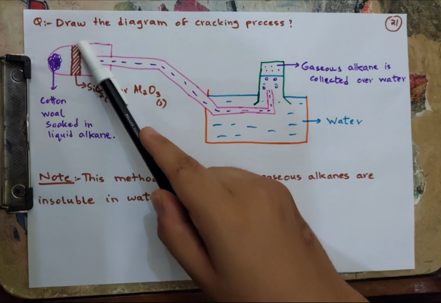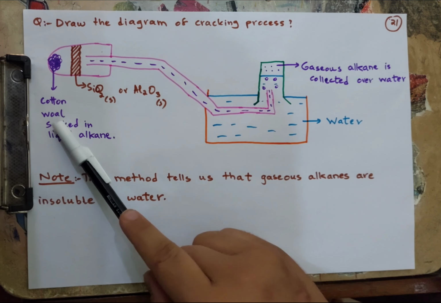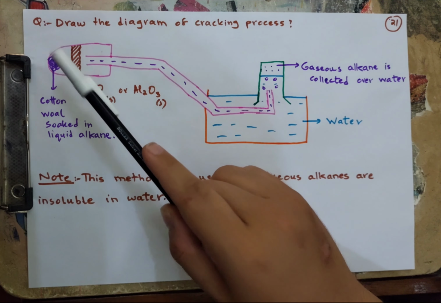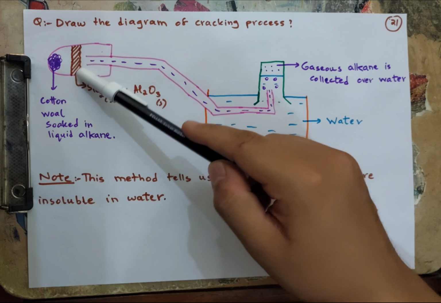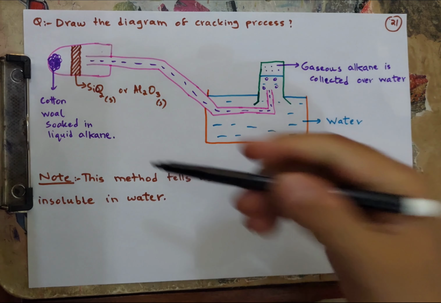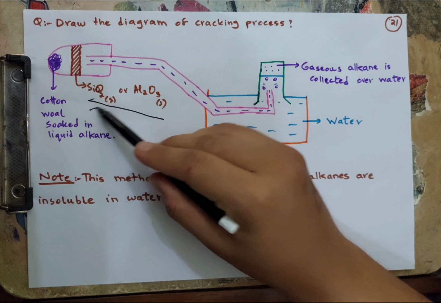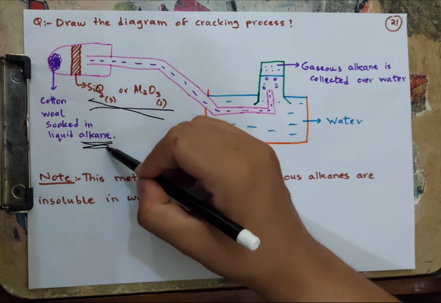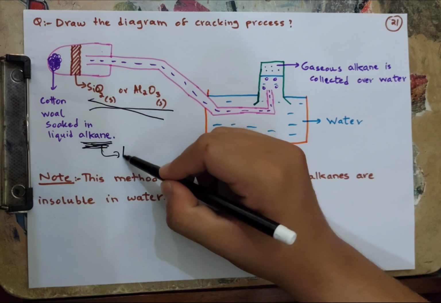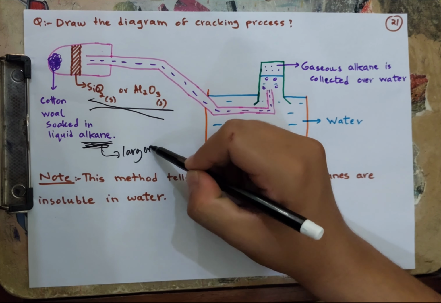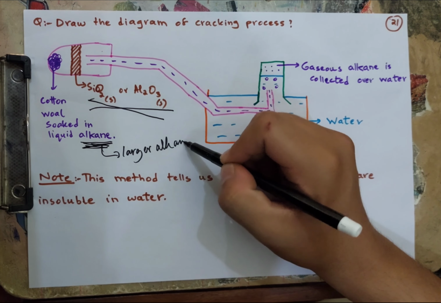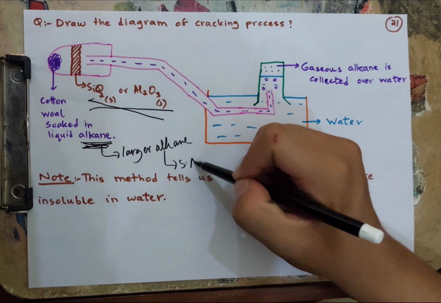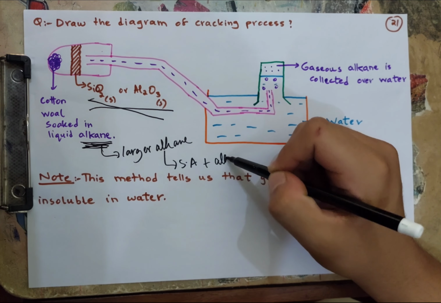In this tube we put cotton wool soaked in liquid alkane, and here the catalyst, with the conditions I wrote. The liquid alkane is the larger alkane, which we have to break down into a smaller alkane and alkene.